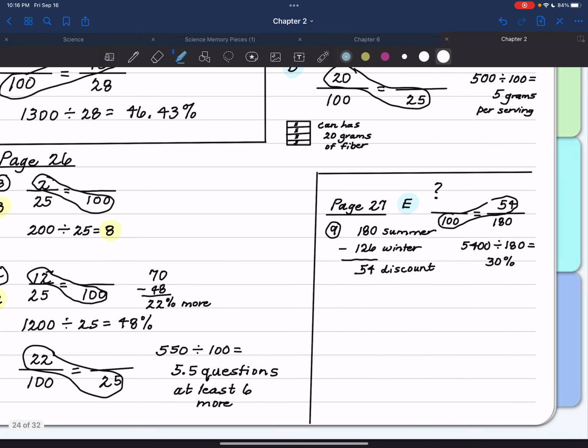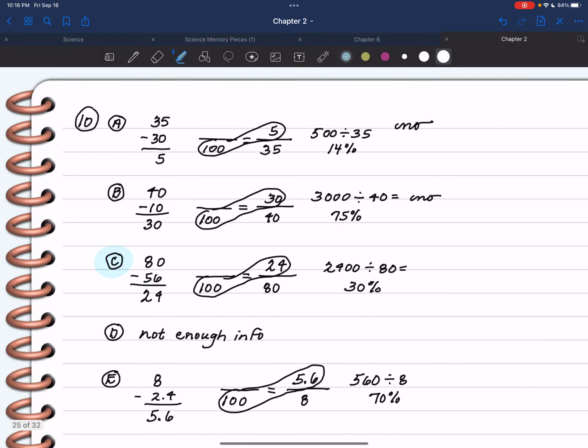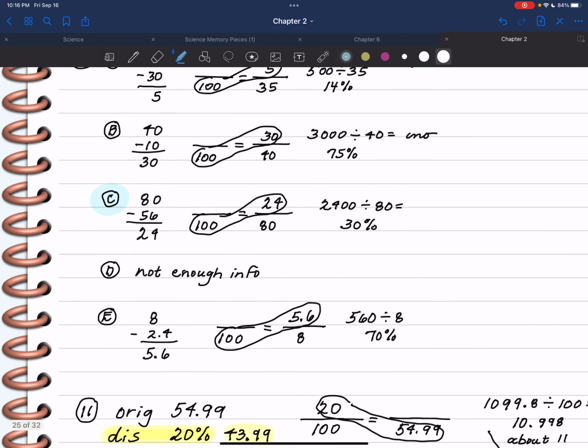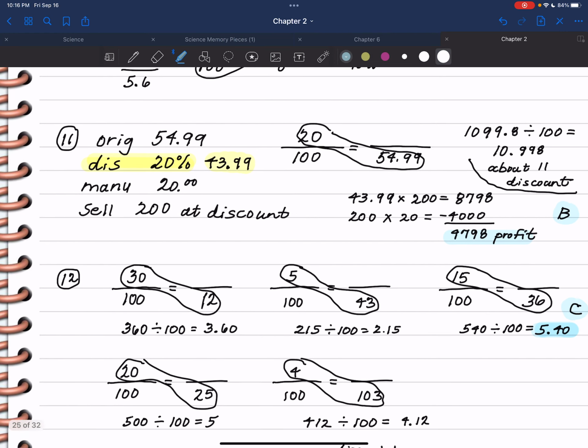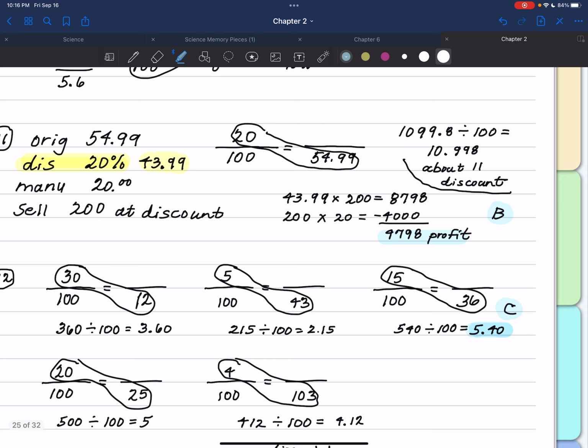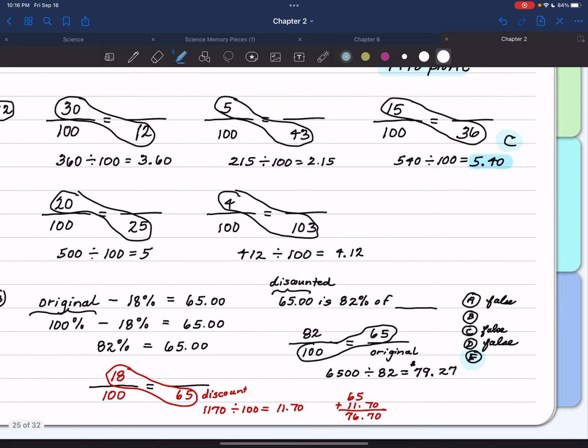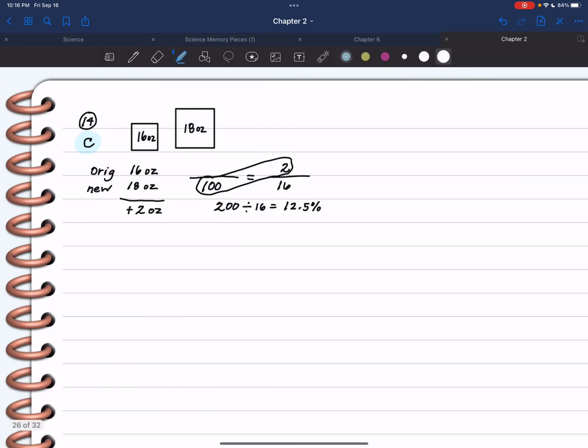Number 9 is E. Number 10 is C. 11 is B. 12 is C. 13 is E. 14 is C. And I'm going to stop this video before moving to the next page. Page 28 will be our next page.